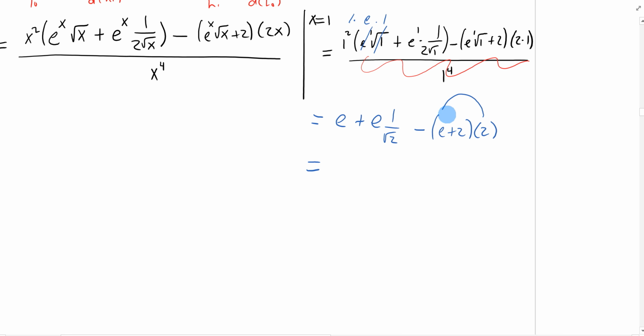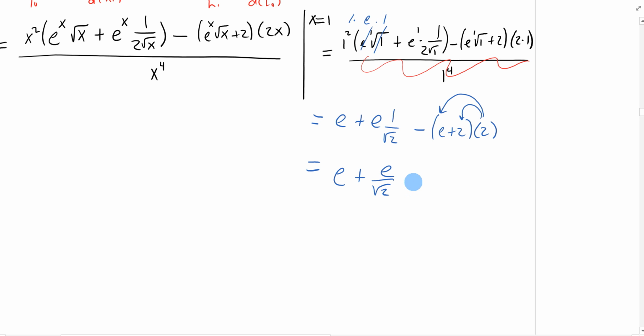So let's go ahead and distribute this here. So it's going to be e plus e over 2 minus 2e plus 4. And we can go ahead and now distribute the negative.